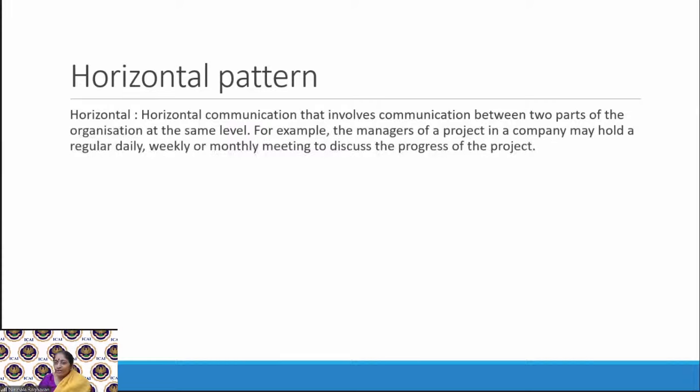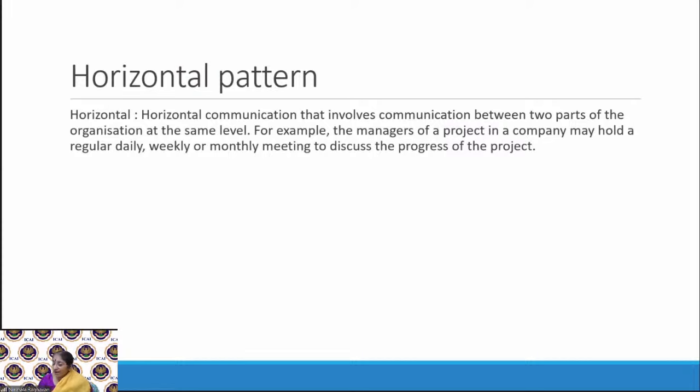Now, what is important here is it's conversation not between a boss and an employee and a subordinate, but a conversation between two managers of the same organization, but belonging to different projects or different departments, right? And therefore, it becomes important. So that's the main difference.